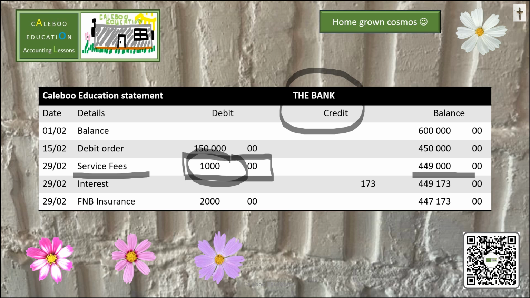Here you can see this was service fees, so this transaction needs to be recorded in the Cashbook payments, and the document we use is the bank statement which we receive from the bank that we bank with. So here's another document that we can use to write up transactions in the Cashbook payments.